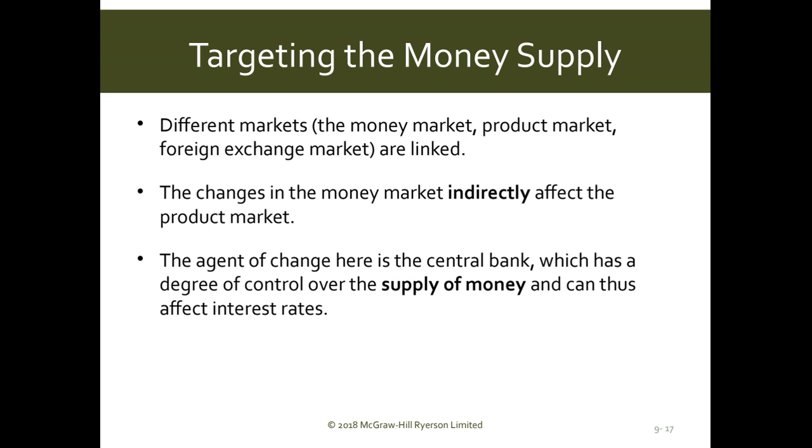So I know if money supply increases, rate of interest decreases, this change will impact product market as well, that is aggregate demand and aggregate supply. So if you notice here, the agent of change here is the central bank, in our case Bank of Canada, which has a degree of control over the supply of money, and can thus affect interest rates. So understand, don't worry.